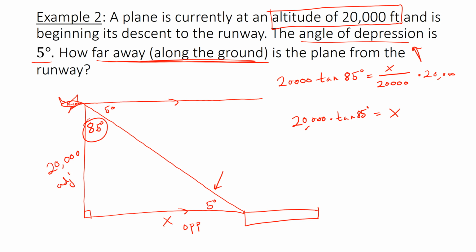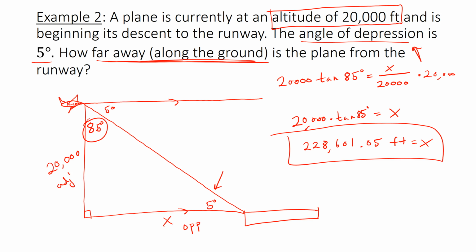And again, this is something that I can stick right into my calculator because all 85-degree right triangles are exactly the same. And I get 228,601.05, and I think I'm working in feet here.